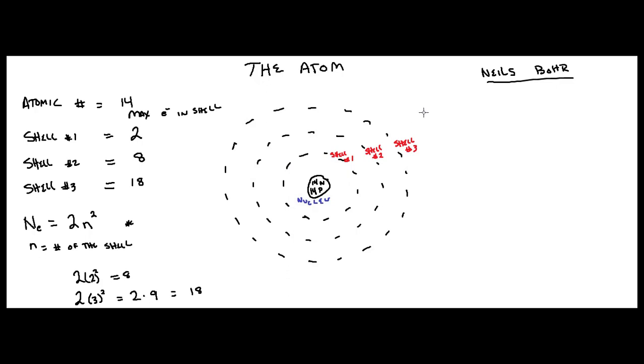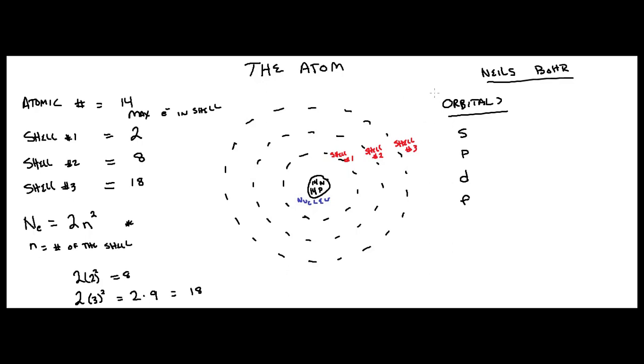Orbitals are named the following. Now the orbitals are s, p, d, and f. These are lowercase, right? The orbitals are usually written in lowercase, all right?